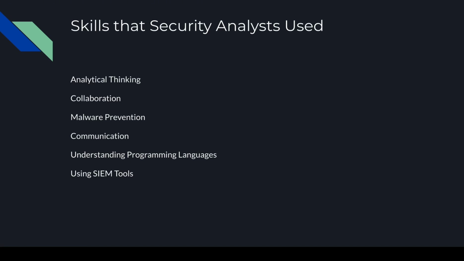Communication: talk to your people. Understanding programming languages, since you want to work with software development teams, security tools, and automation scripts, so have a little understanding of that. And here are the SIEM tools, all of that.